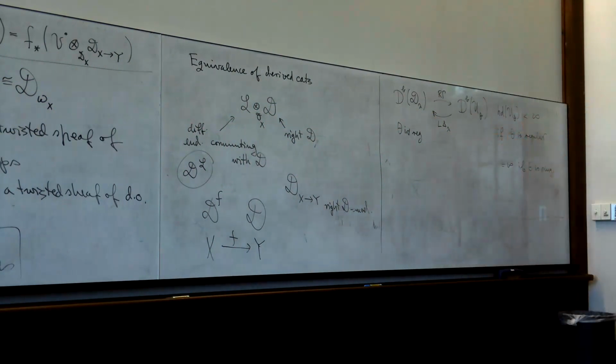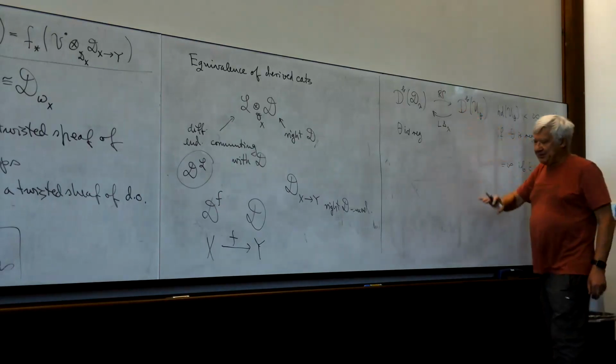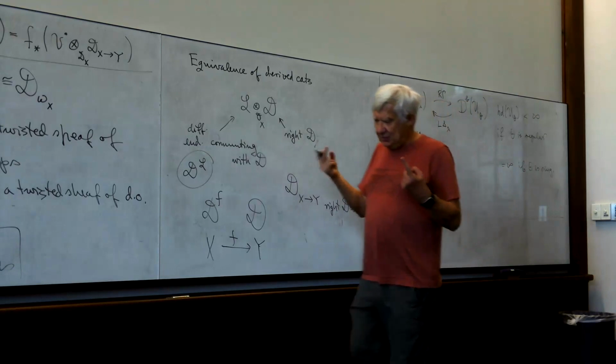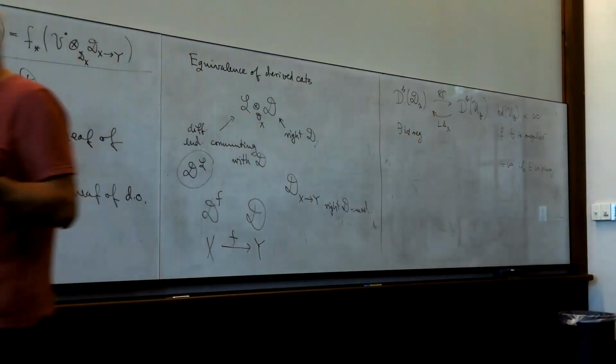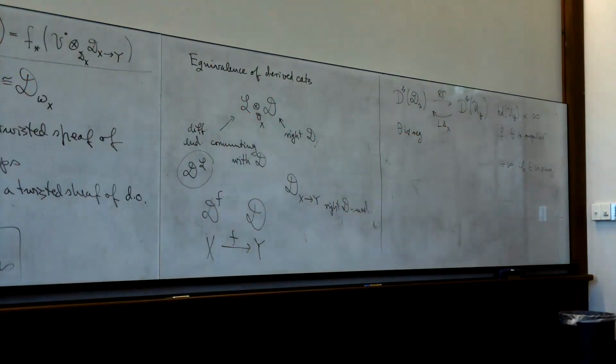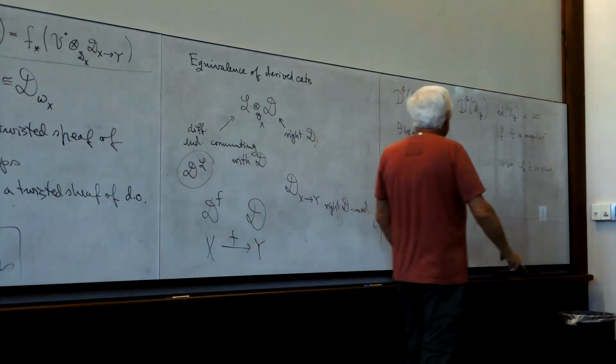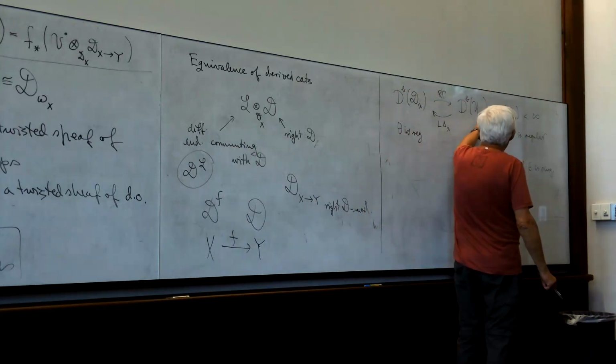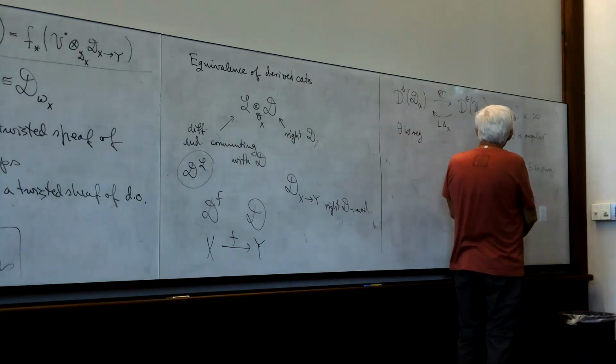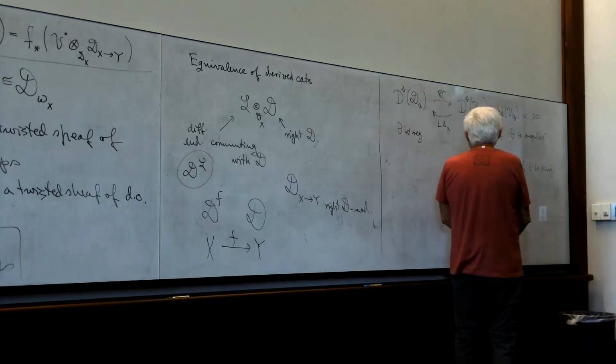So, if the orbit is regular, then this makes perfect sense. And these are two adjoint functors between the right categories. And if you look at one situation, here you can represent any bounded complex consisting of projectives.